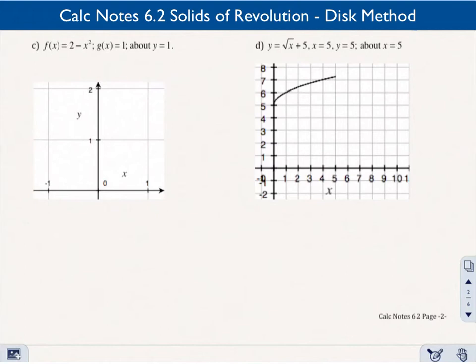So first we have the function f of x equals 2 minus x squared, and this is also going to go with g of x equals 1. Okay, so here is g of x equals 1.